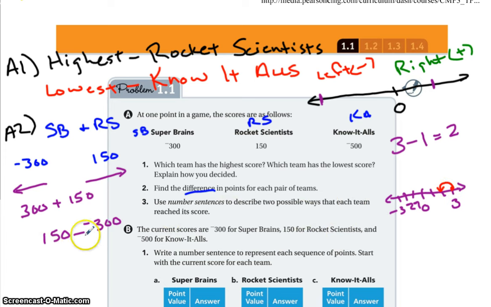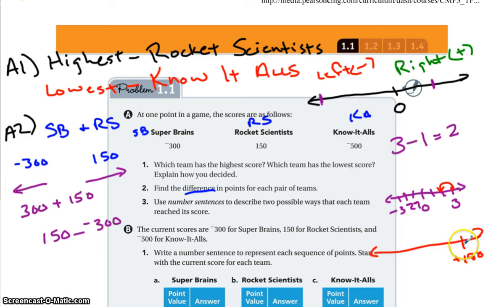So what we're doing here is we are starting on a number line, and we are saying that at positive 150, we want to go to the left, -300. Well, if we're going to the left, -300, that's kind of a double negative.